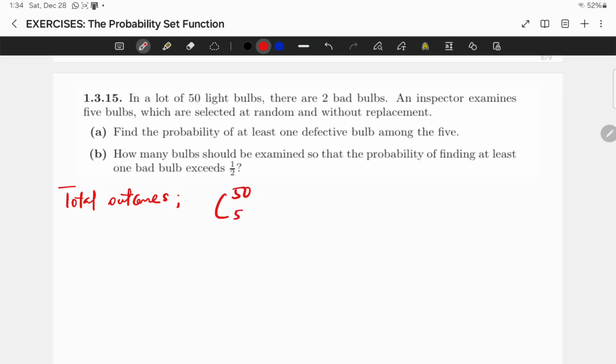So we have to find the probability of at least one defective bulb among the 5. Let A be the event of at least one defective bulb among the 5.